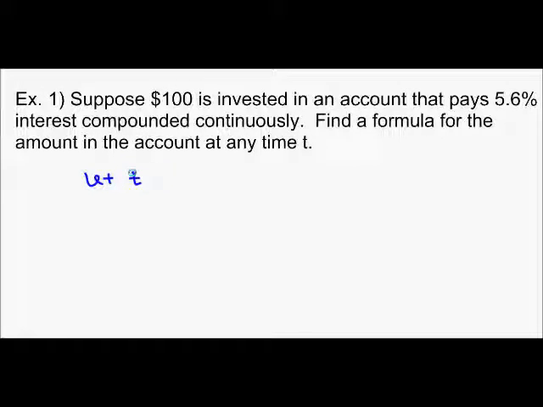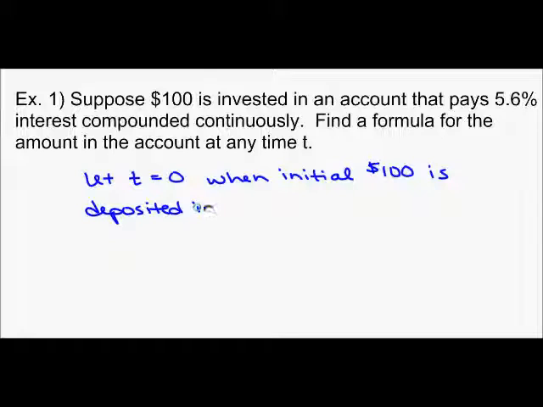So let t equal 0 when the initial $100 is deposited into the account. Why? Because you start off with $100. So when the clock starts ticking at t equals 0, you have $100.